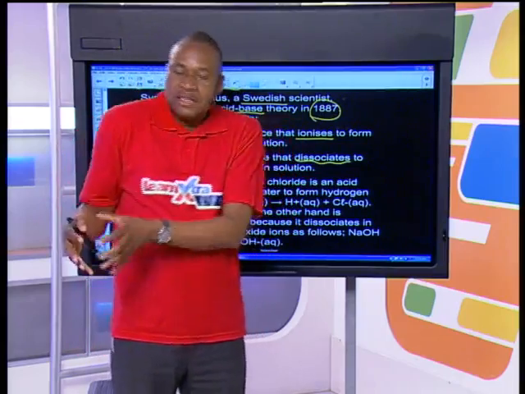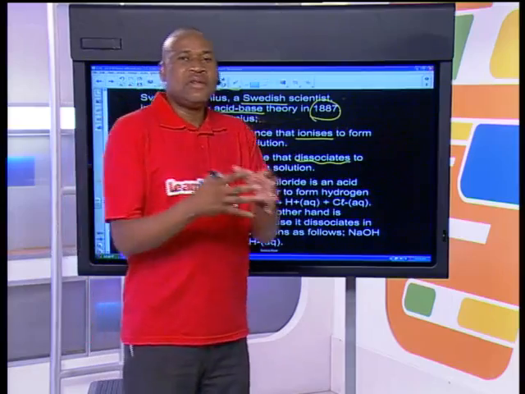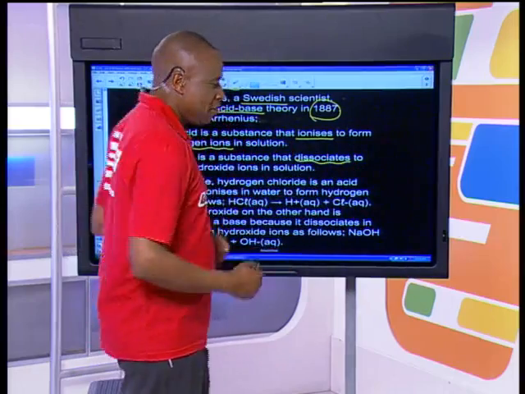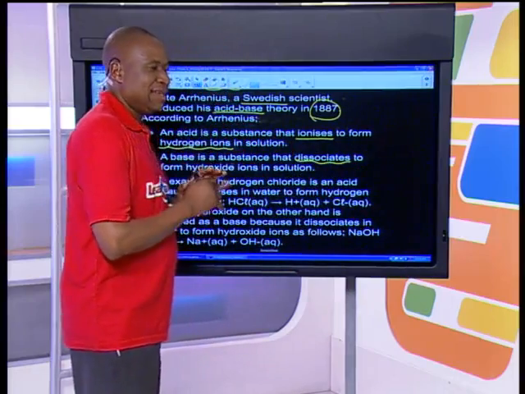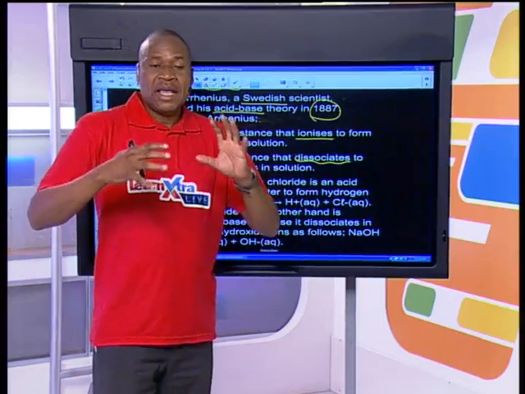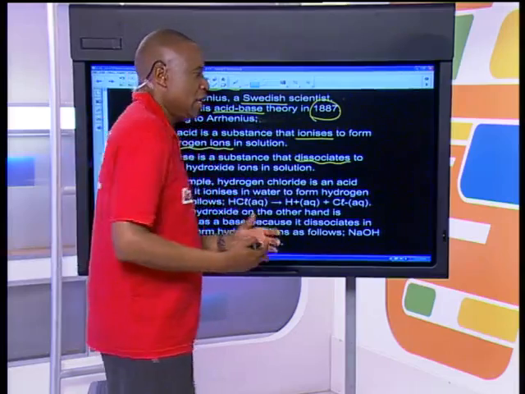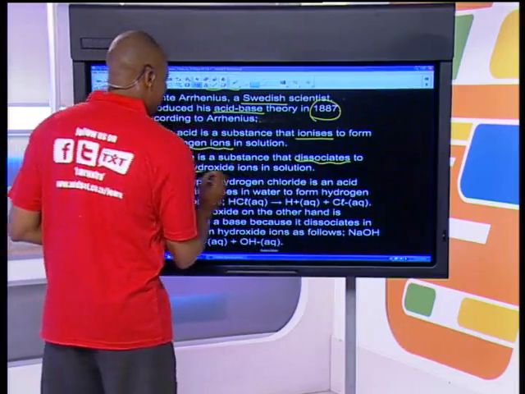In other words, they are going to form ions. At first, you didn't have the ions, but you put them in solution, they give you ions. So they ionize. But when it comes to bases, he doesn't use the word ionize. He says bases will dissociate. In other words, bases already have these ions, so all they do is dissociate in solution to give you the hydroxide ion.